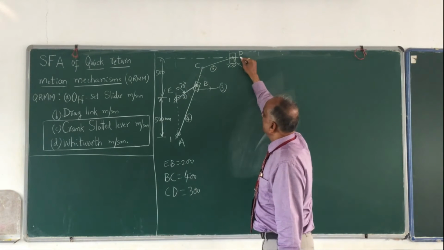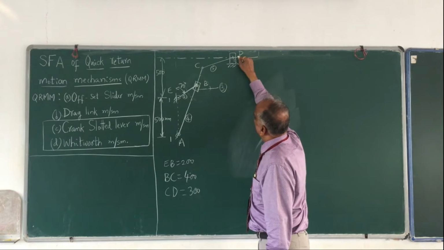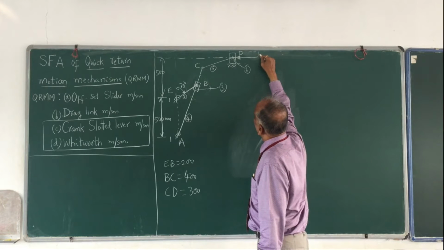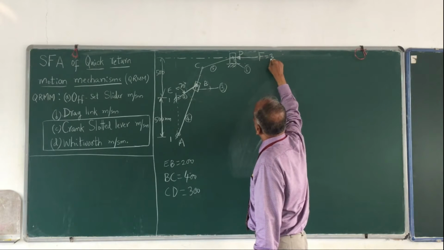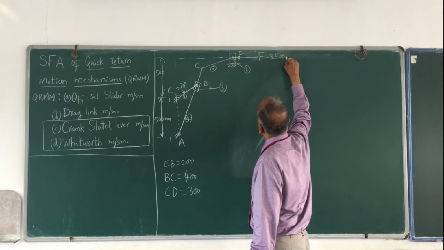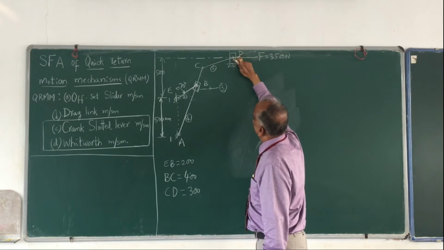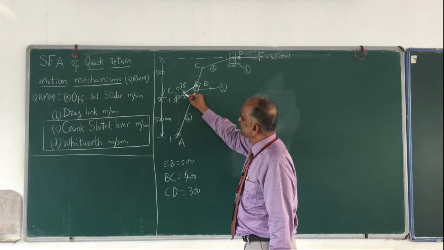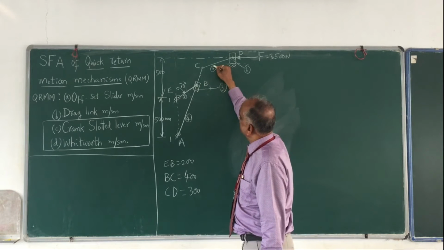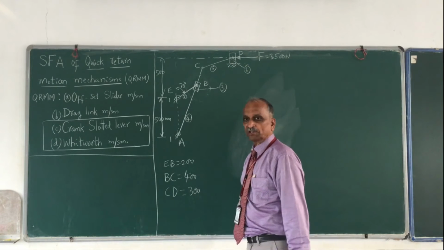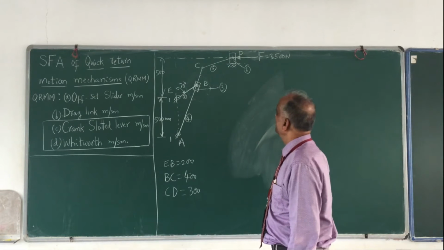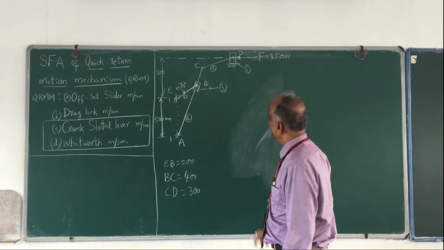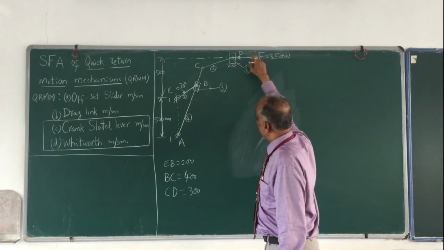In addition, you have also been given a force F equal to 3,500 newtons on link number what? This is 1, 2, 3, 4, this is 5 and this is 6. On link number 6, you have applied a force of 3,500 newtons. When you apply this, what happens?